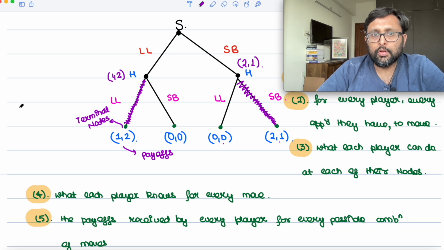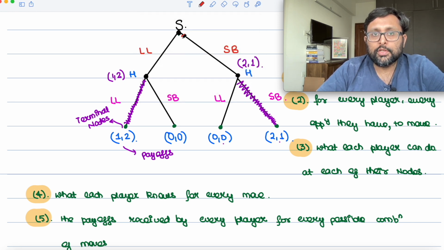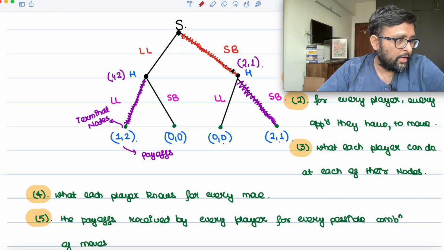This is 1, 2. Now player S has to choose between this 1 and this 2. What will she be choosing? She'll be choosing 2. So this is what she's going to choose, right?